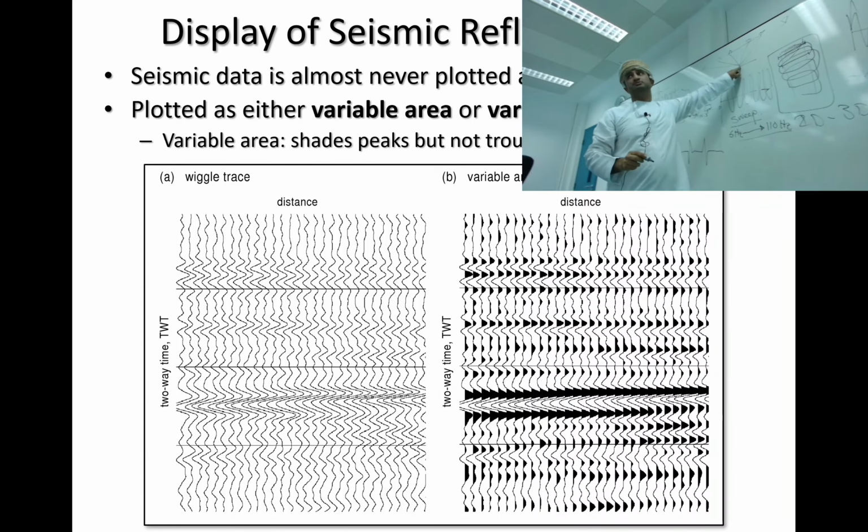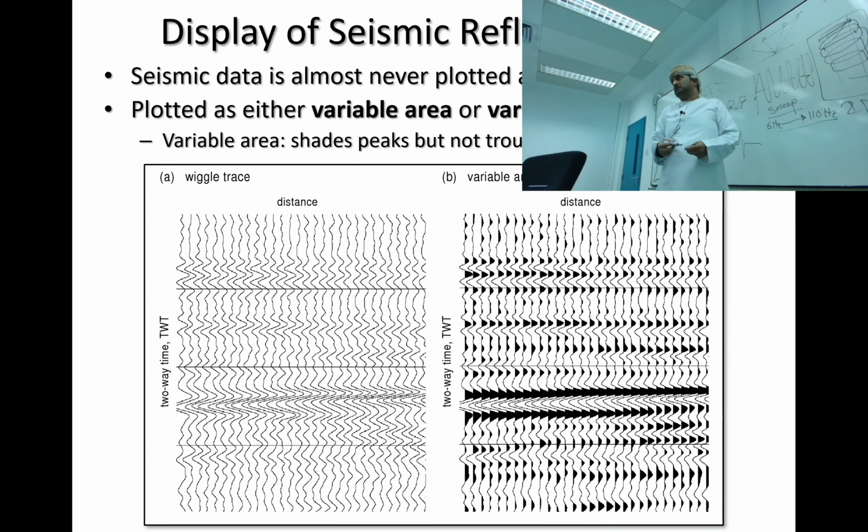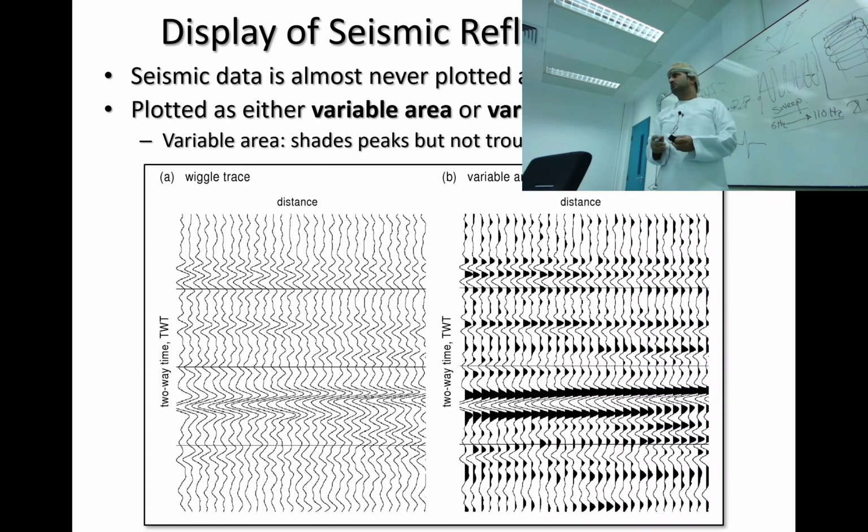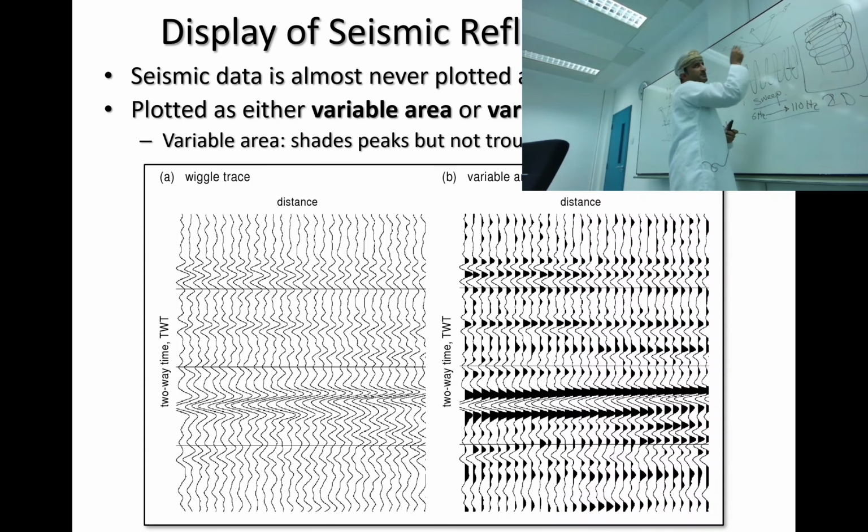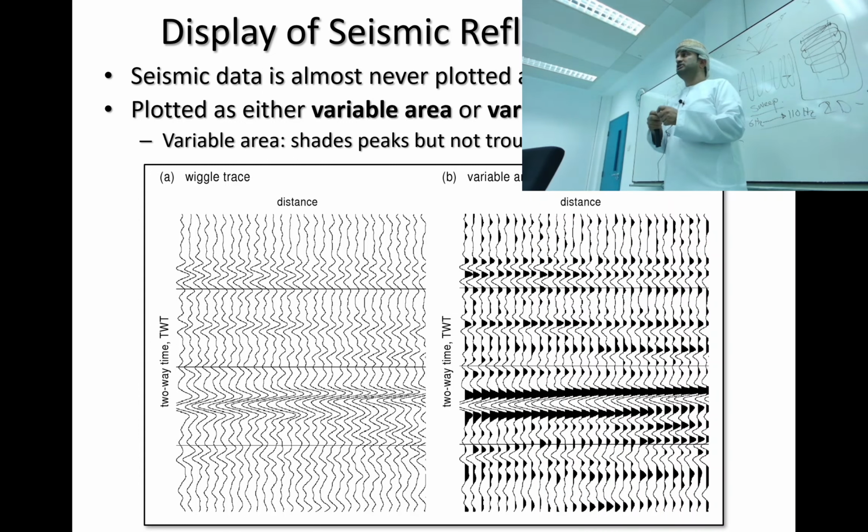I'm imaging the same point in the subsurface. The only difference is the offsets. The offset is different between these pairs. What's the number of fold in this case? 3. The number of fold is 3. That's a repetition of what I talked about last time. Please watch the videos at least. So the fold is 3 because I have 3 repetitions of measurement. I'm measuring the same point and I sum them together.